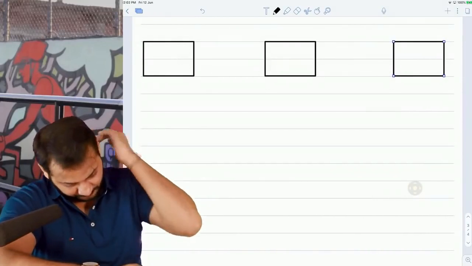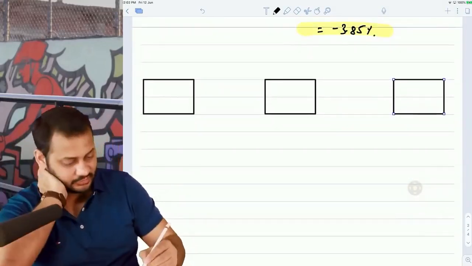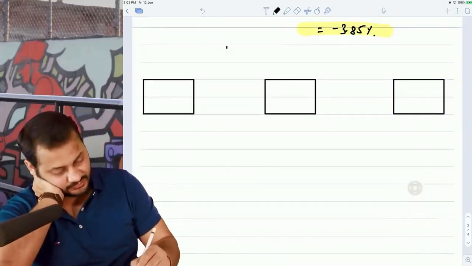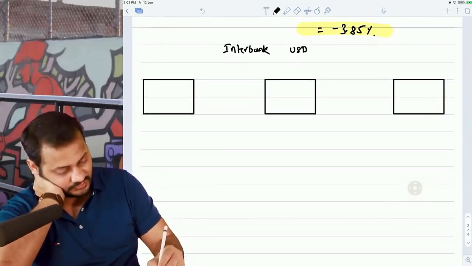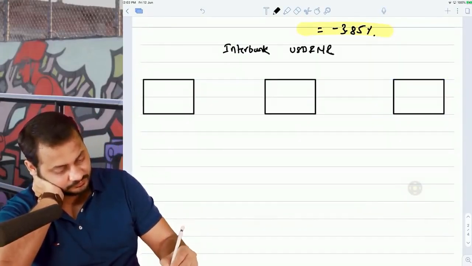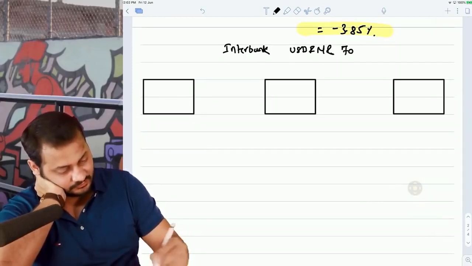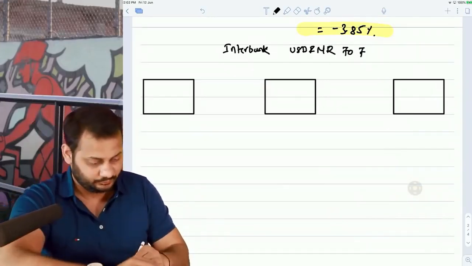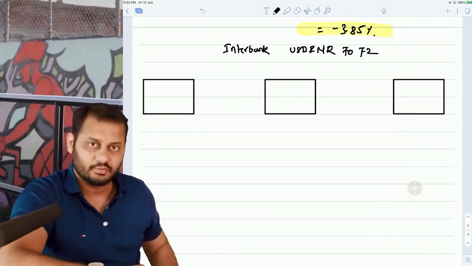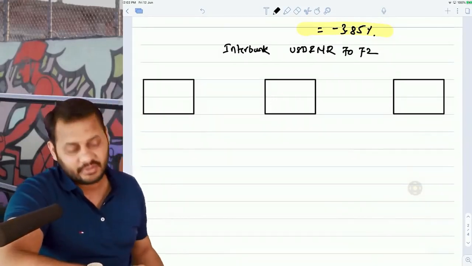Okay, so let's say the rates given to us are interbank rates. USD INR 70, 72. What does that mean? These are interbank rates.